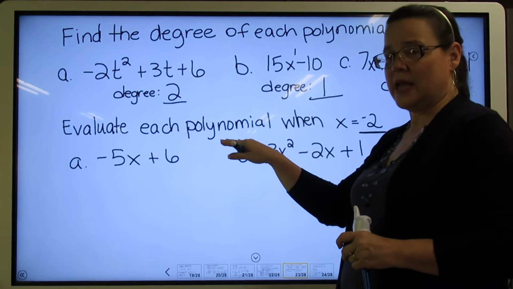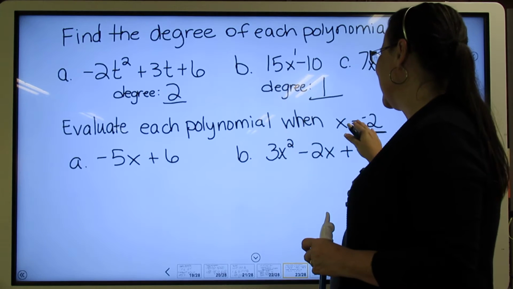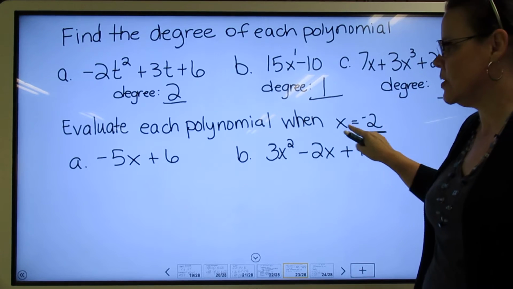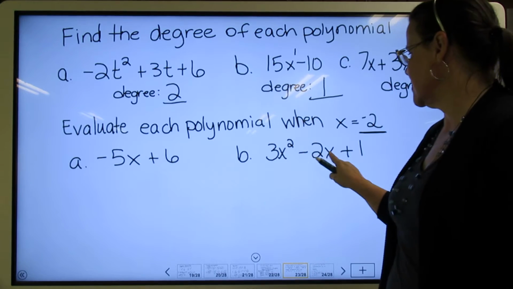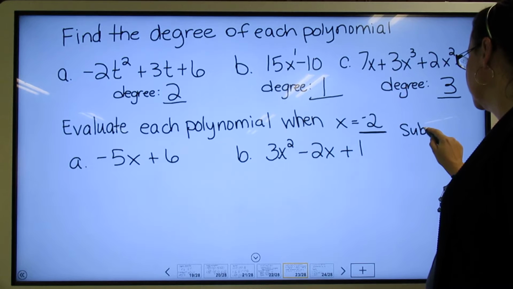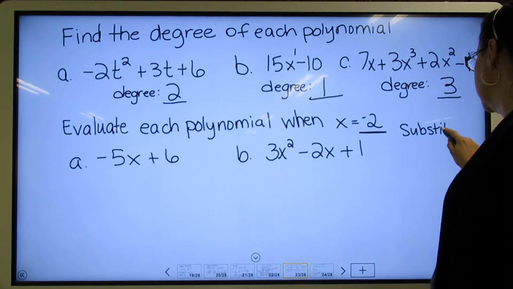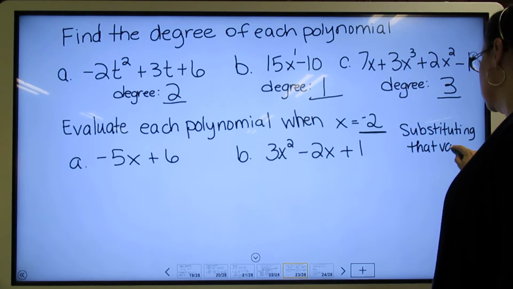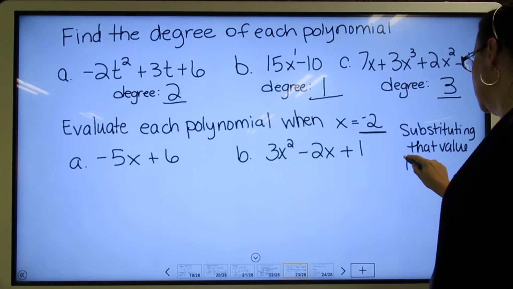Now, evaluating a polynomial when x equals negative 2, you're substituting that negative 2 in for that x. You're substituting that value in for the variable.